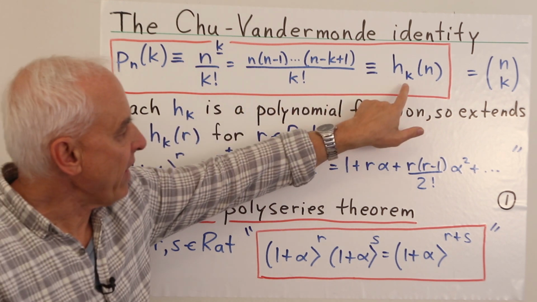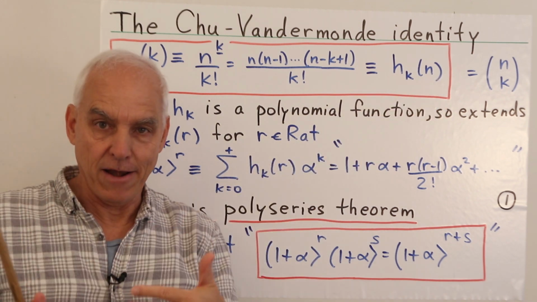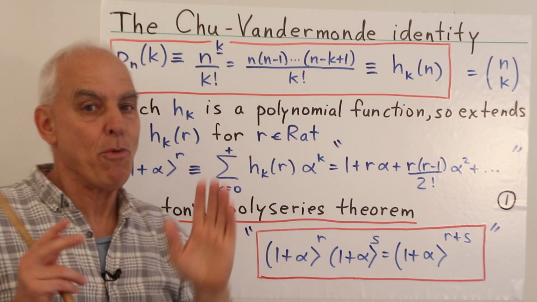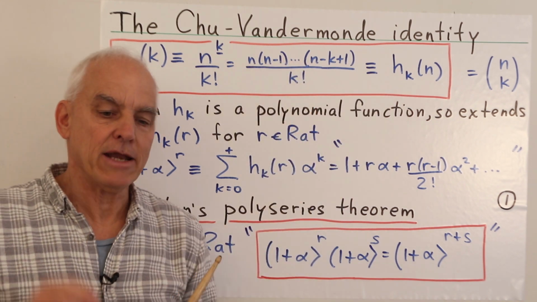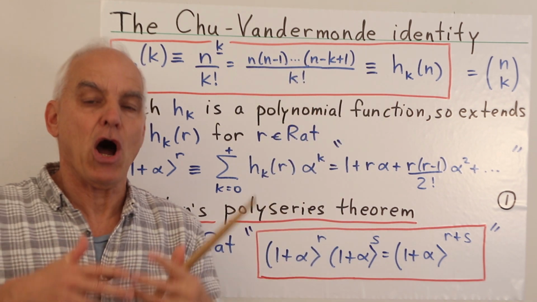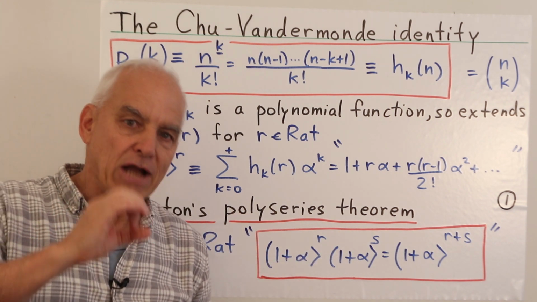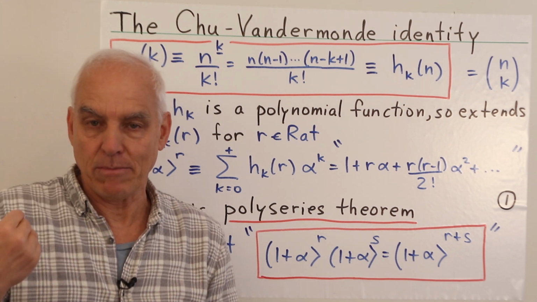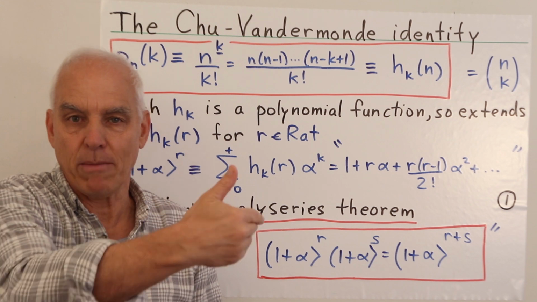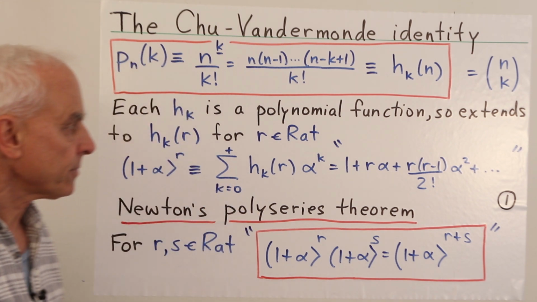Now, there's an advantage in thinking about this one, because as a function of n, this is a polynomial in n. If you fix k, this is a polynomial in n. And in particular, it therefore has an obvious extension to non-natural number values of n. It's a polynomial, so you can evaluate it at negative numbers, you can evaluate it at rational numbers which are not necessarily natural numbers.